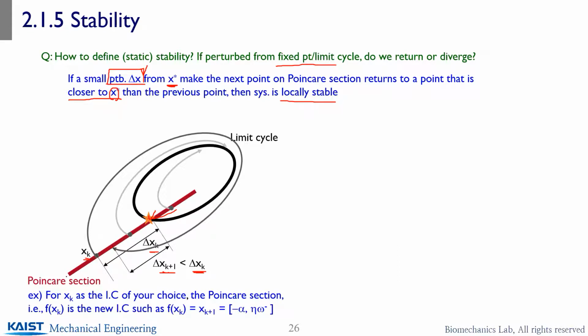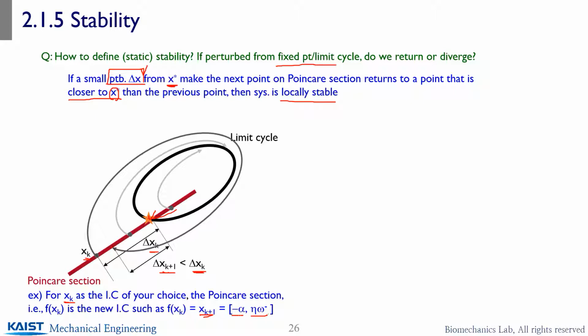So here again, for the rimless wheel, the Poincare section is the collection of the initial states. If your xk is your initial condition of choice, the Poincare section can be calculated by solving the single stance phase and the collision, so that your next step's initial condition will be minus alpha and eta omega minus.